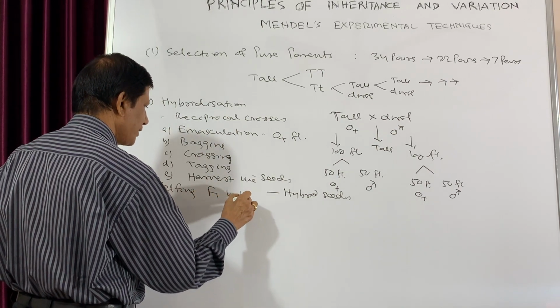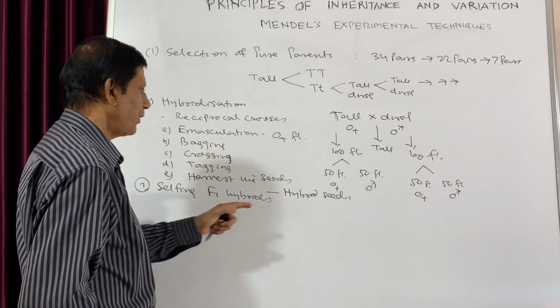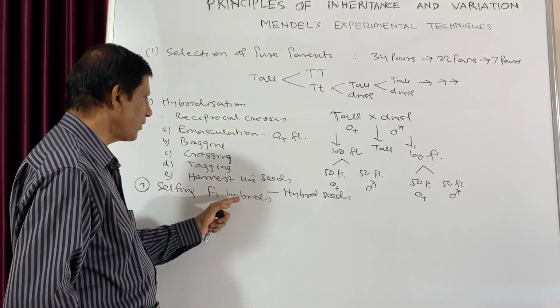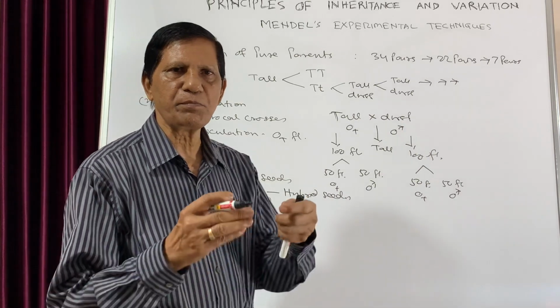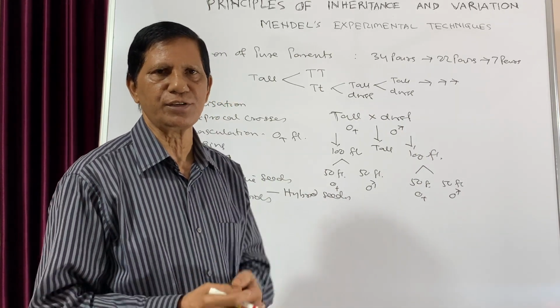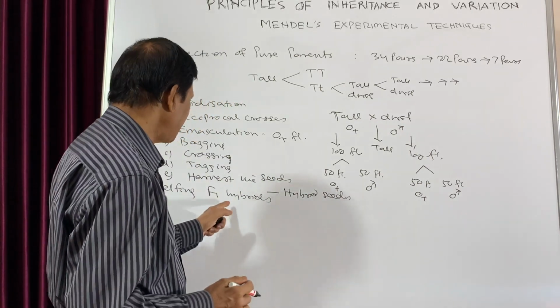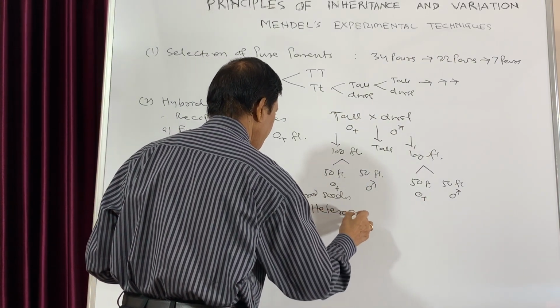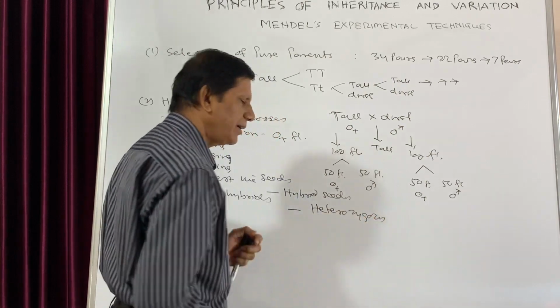F1 hybrids. Now when these hybrid seeds are grown, they will give rise to plants which are known as F1 hybrids, that means first filial generation. Usually the hybrids are heterozygous, and usually they are sterile.